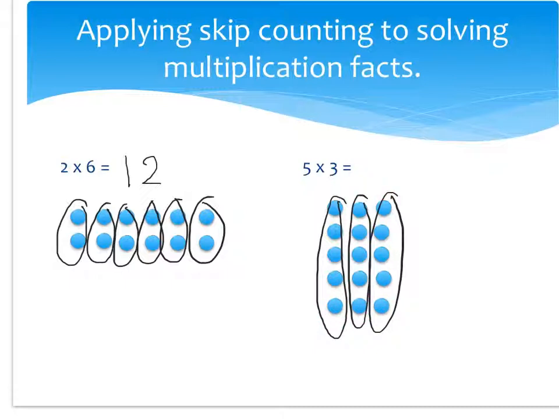I have just solved these multiplication facts by using skip counting. Now it's your turn. Let's use what we know about 2s and 5s and the multiples of their problems to solve these next problems as a class.